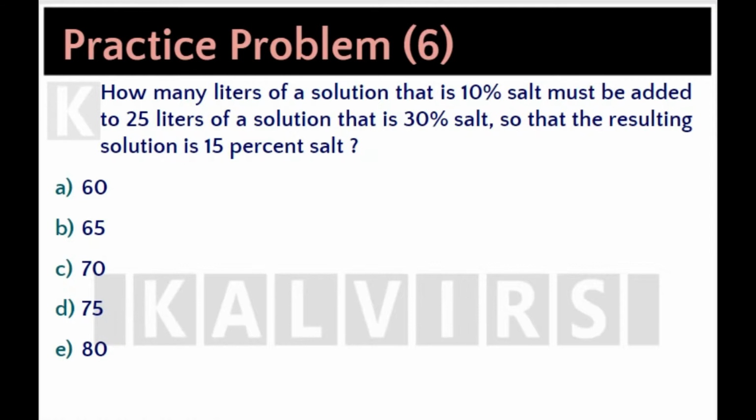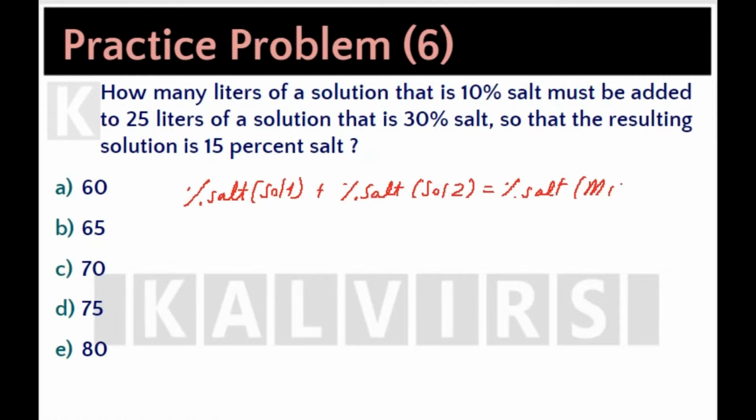Once the solutions are mixed, we get the following relationship. The percent of salt of solution 1 plus the percent of salt of solution 2 equals the percent of salt of the mixture.